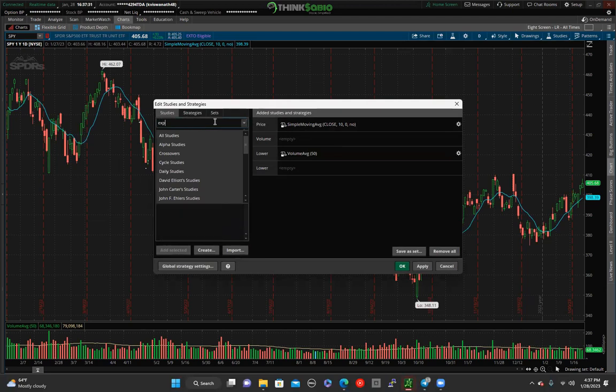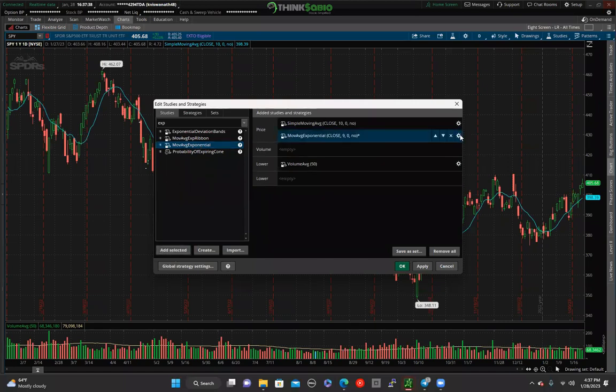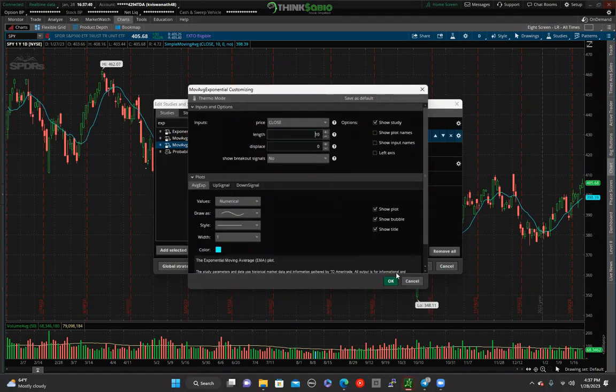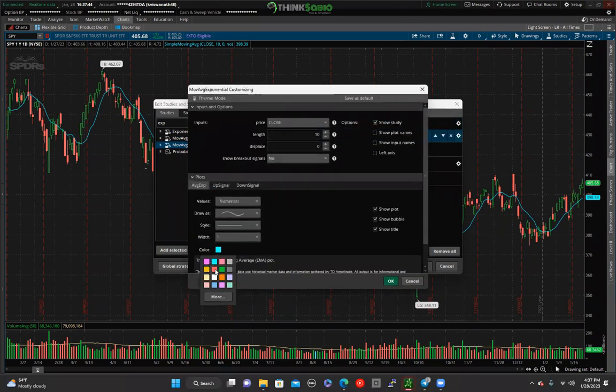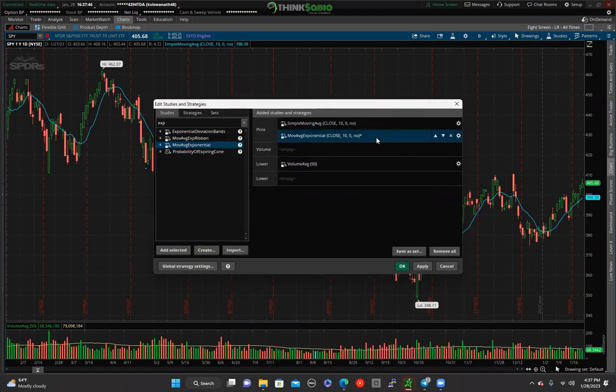So you plot the exponential moving average on your chart. I want to change the color from blue to red. So red is our exponential moving average, and blue is our simple moving average.